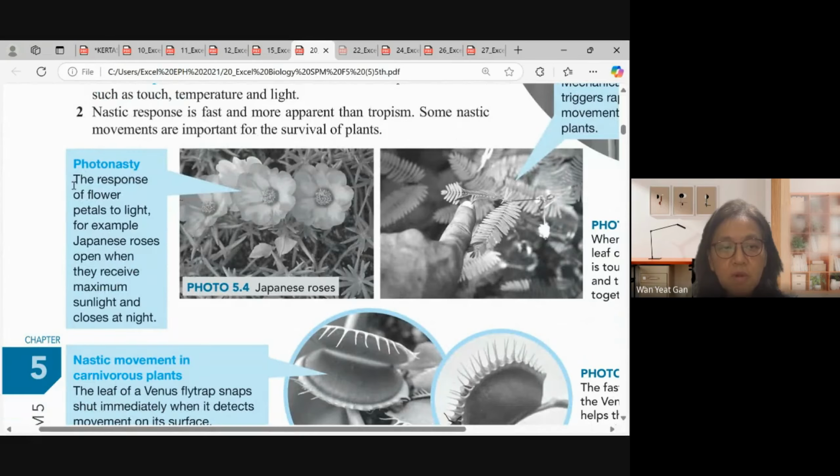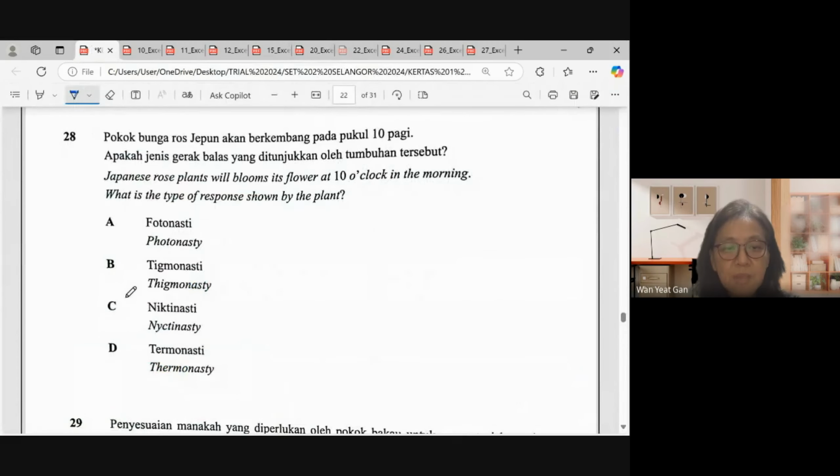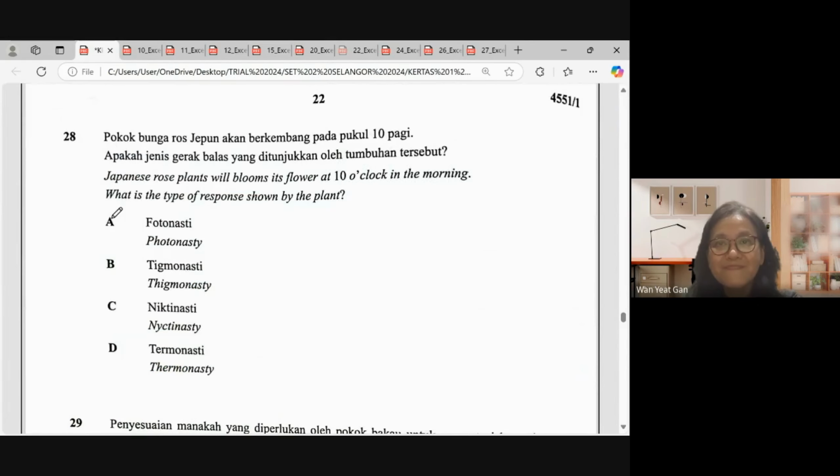The response shows photonasty, which is the response of a flower petal to light. For example, Japanese roses open when they receive maximum sunlight and close at night. So the answer is photonasty, A.